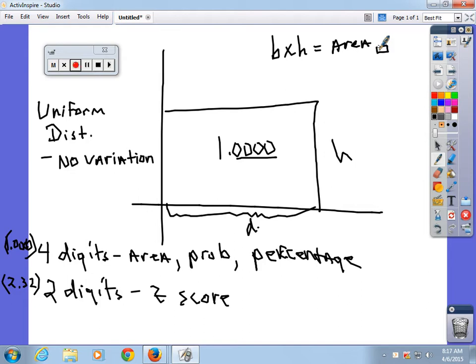So let's say this distance is equal to 10. 10 minutes, 10 meters, 10 whatever. And that would be 10 times h is equal to 1. Divide by 10. Divide by 10. H is equal to 1/10. And that's what we're going to be doing whenever you're given a problem with uniform distribution.